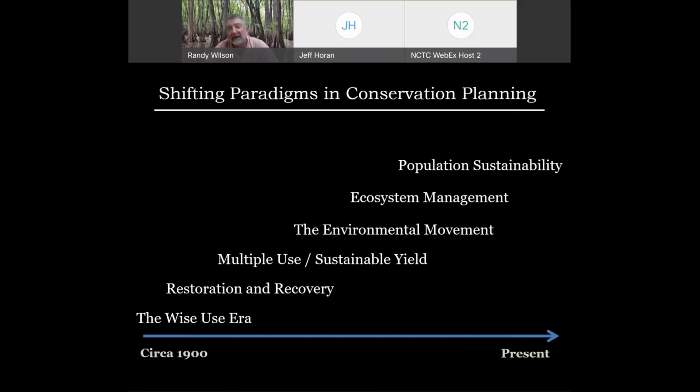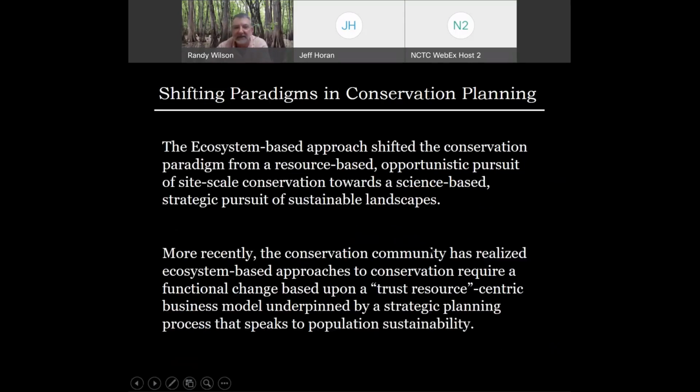I call it the non-wise use era, the old days of whack and stack, cut everything down. We moved out of that into restoration and recovery. Fast forward, and most people are familiar with ecosystem management as the paradigm of the day. But I would suggest that the new paradigm is one of population sustainability, and we'll talk about that in more detail in just a second.